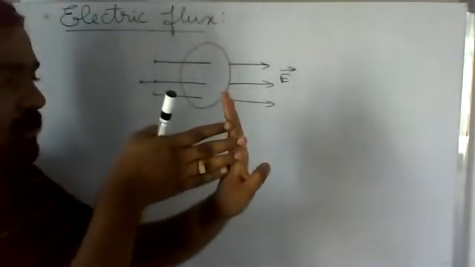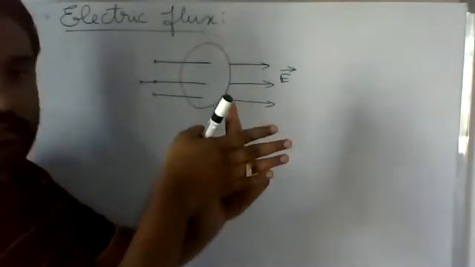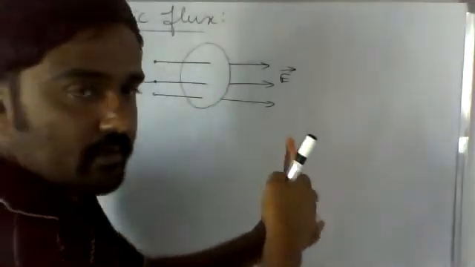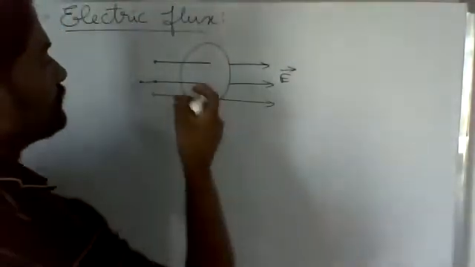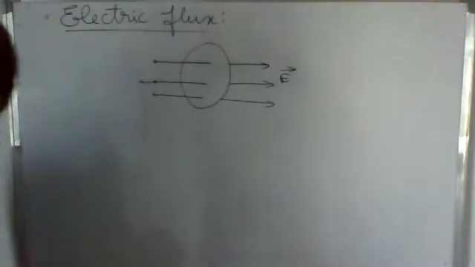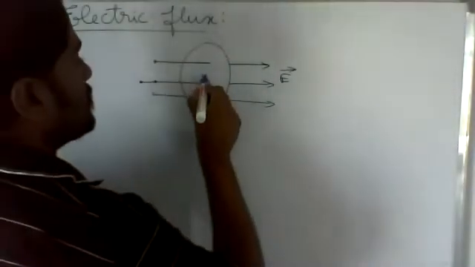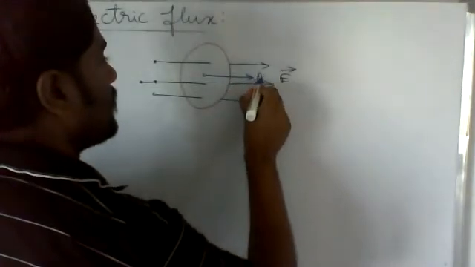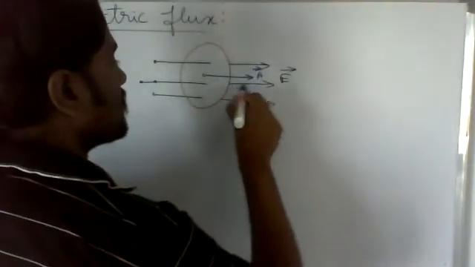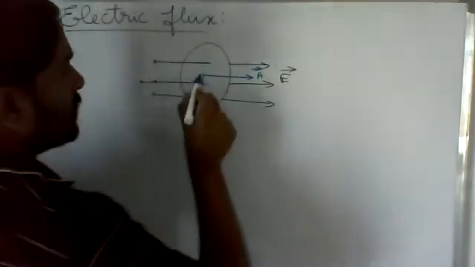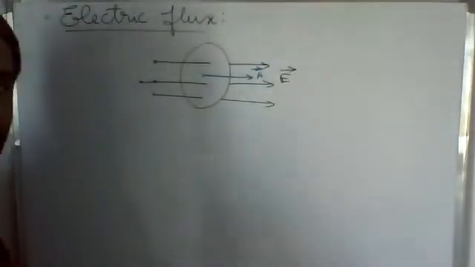The electric field lines are passing like this, normal to the given surface. This is the direction of the A vector, and this is the direction of the E vector.